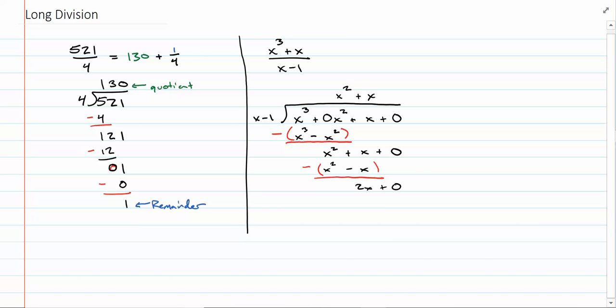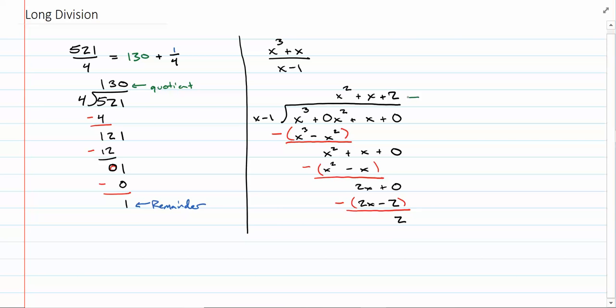And we're going to do it one more time. What do I have to multiply x by to get 2x? This time the answer is 2. I take that 2 and multiply times the x minus 1. I'd have 2x minus 2. I subtract. This time I'd have 0 minus a minus 2, which is a positive 2.